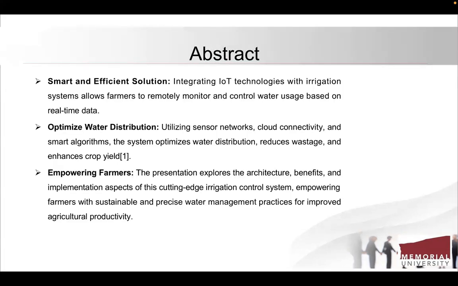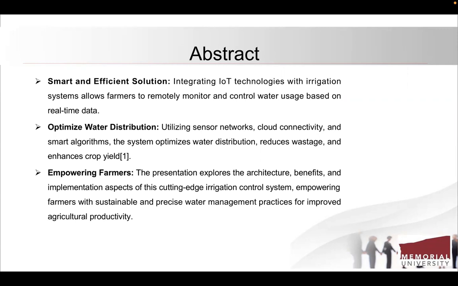Giving a little introduction, this control system is a smart and efficient solution for irrigation purposes, integrating IoT technologies with the irrigation system, which allows farmers to control it remotely. It optimizes water distribution by utilizing sensors and algorithms.